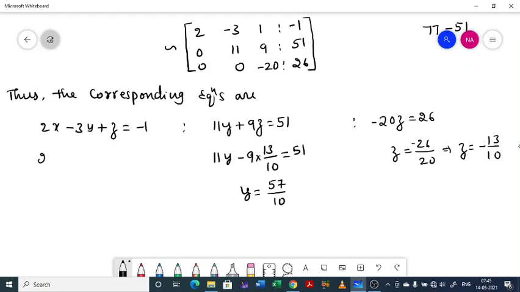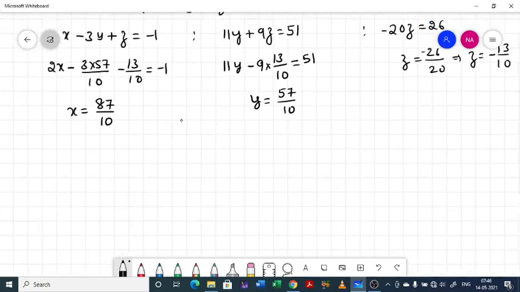So here 2x minus 3 into 57 by 10 minus 13 by 10 equal to minus 1, and you can again simplify this and check that you will get x to be 87 by 10. So that is the required solution.